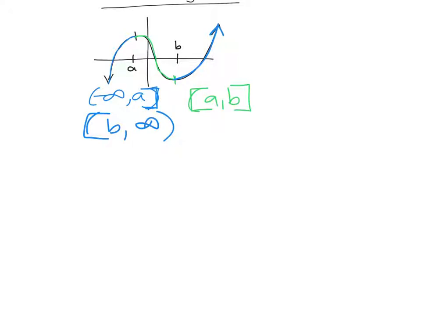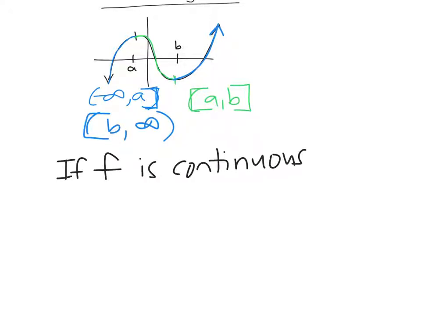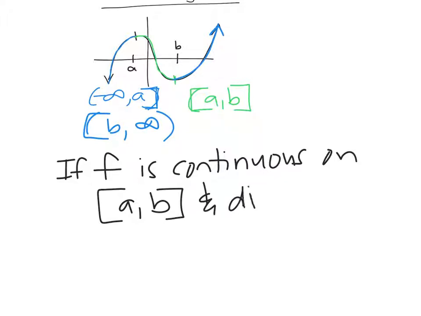There's a corollary of the mean value theorem. Corollary. I know it sounds weird, huh? It says this. If f is continuous on the interval from A to B and differentiable on the interval A to B, okay?